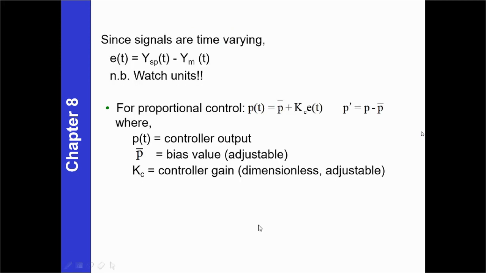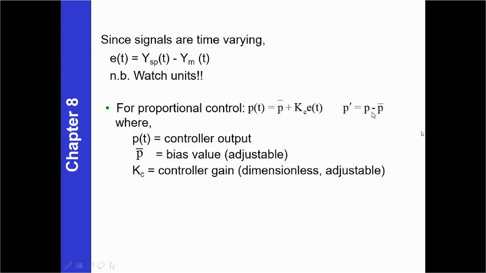Since signals are time varying, from our proportional equations, the error e(t) equals y_SP(t) minus y_M(t). For proportional control, we say that p(t) equals p dash plus Kc, the control constant, times the error as a function of time.